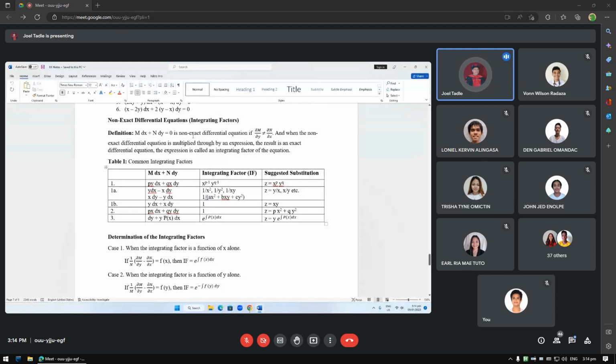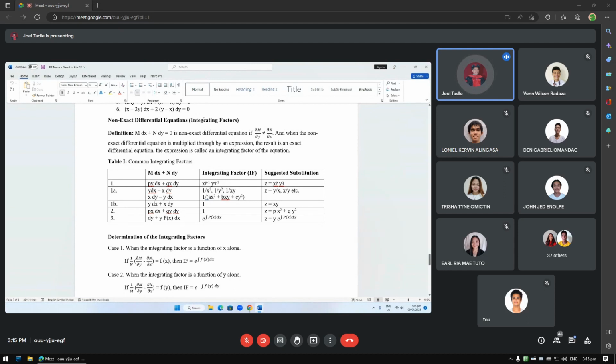For a non-exact differential equation, we are going to determine the integrating factor or IF. So we need an IF, guys, or integrating factor, such that the given non-exact differential equation will become an exact differential equation.